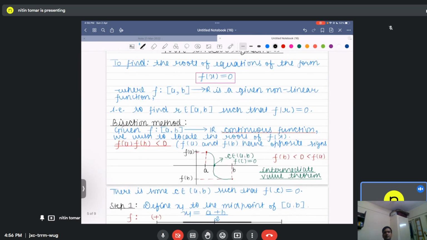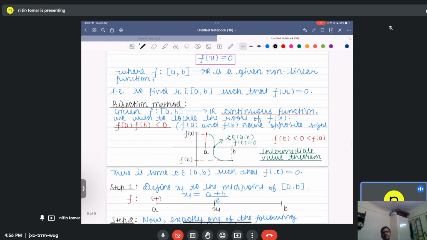So to solve such a system, we saw one method which is called the bisection method. Okay. Bisection method is basically an application of the intermediate value theorem. What does the intermediate value theorem say?